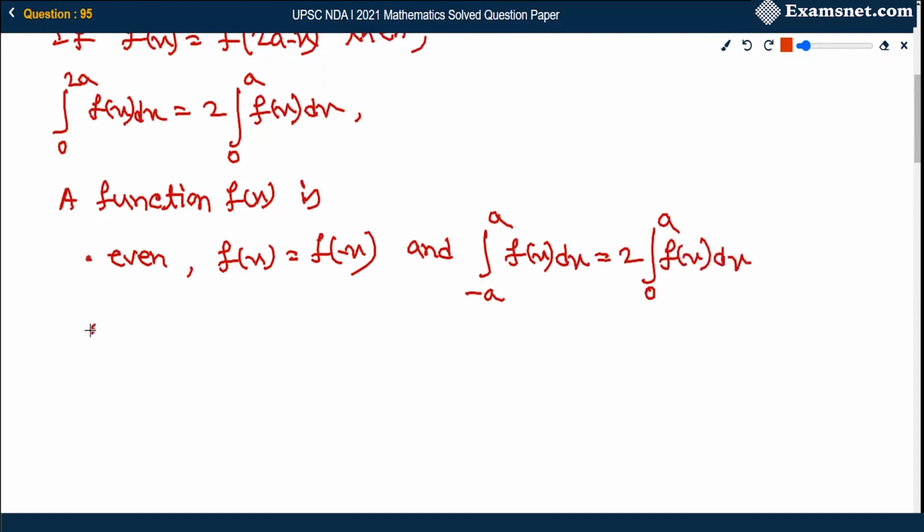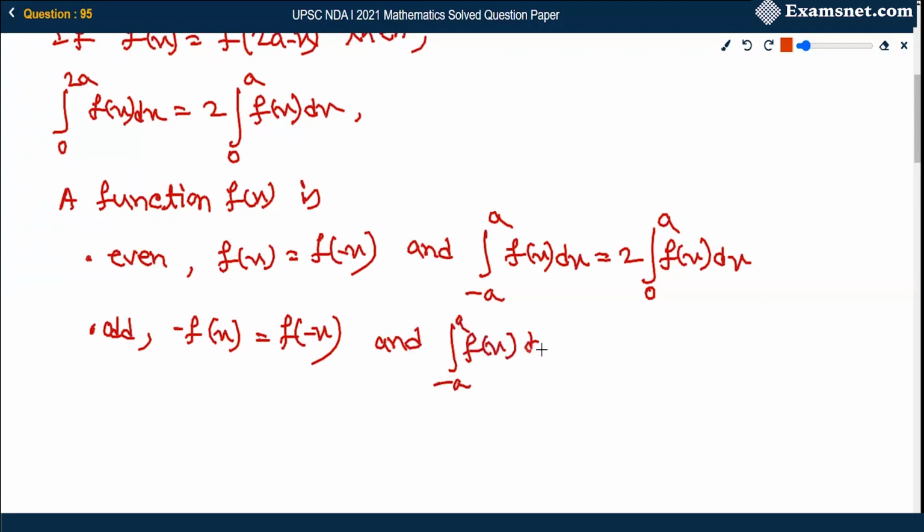If this function is odd, then we can write minus f of x equals f of minus x, and the integral from minus a to a of f of x dx will give us the value 0.